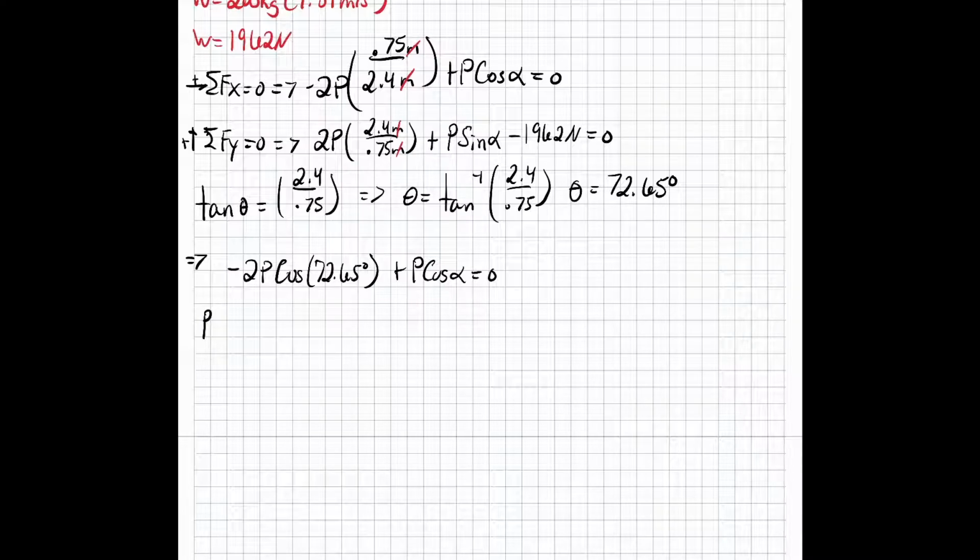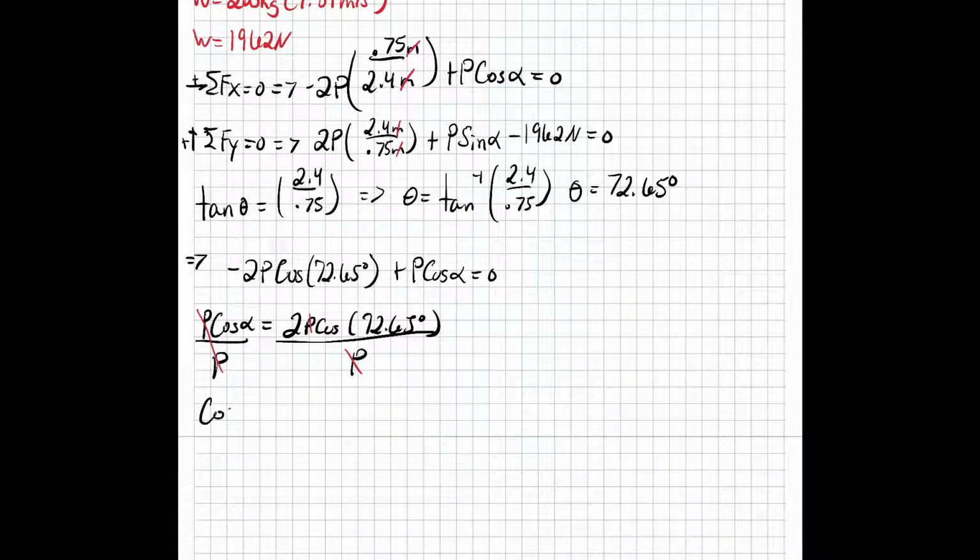So rearranging it, we have p cosine of alpha is equal to 2p cosine 72.65 degrees. We're going to divide both sides by p, so those p's reduce out. Now we have cosine of alpha is equal to 2 cosine of 72.65 degrees.